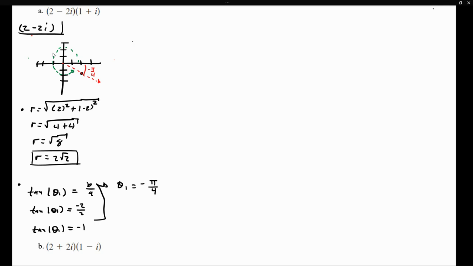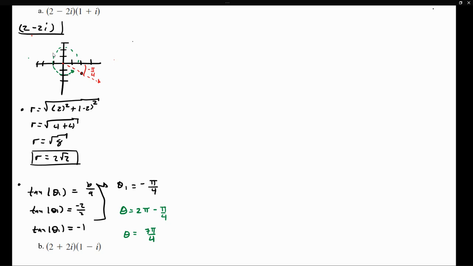But notice that the actual argument is going to be the full circle, so 2 pi minus pi over 4, which if we simplify this, is just going to be equivalent to 7 pi over 4.